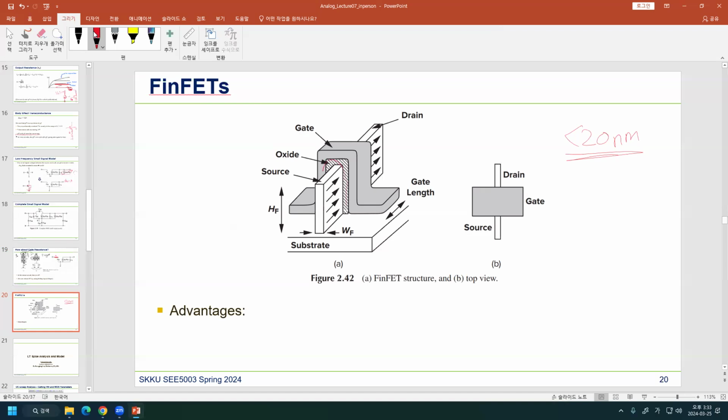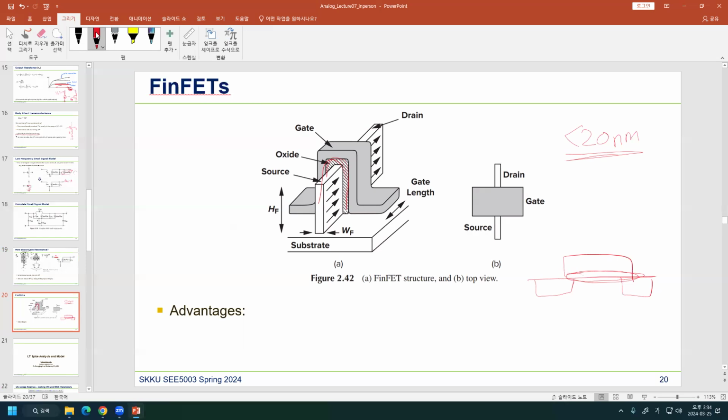It's 3D, right? A normal MOSFET looks like this, and in a normal MOSFET they only have this part to control, but here they have more surface, so it has more controllability. It has better current controllability.